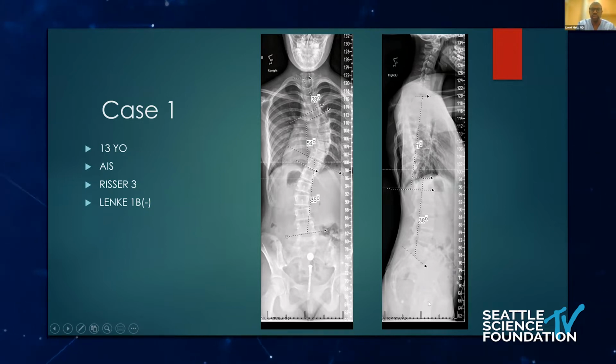And so to my eye, when I see that, that's a secondary sign that this patient doesn't have nearly the thoracic kyphosis that she ought to have given her pelvic incidence and lumbar lordosis.